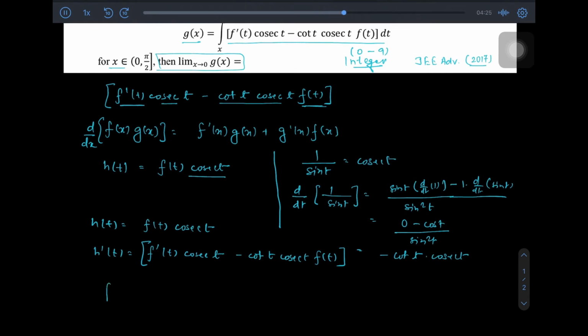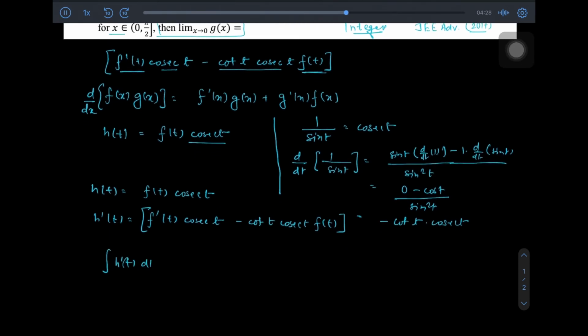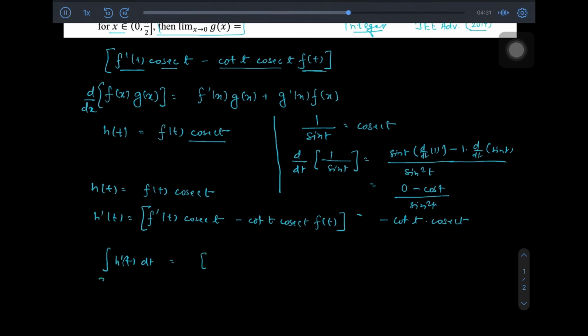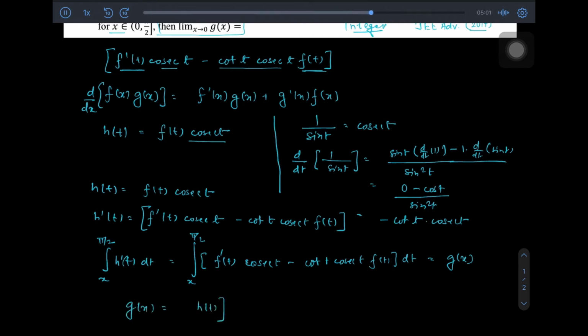That means if you integrate both sides with respect to t by putting the limits, this is nothing but g of x. So your g of x then becomes h of t from x to pi by 2, which is h of pi by 2 minus h of x.